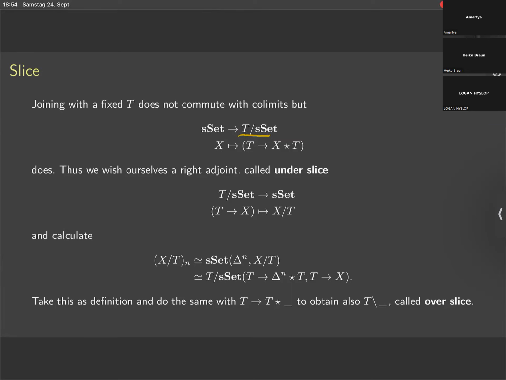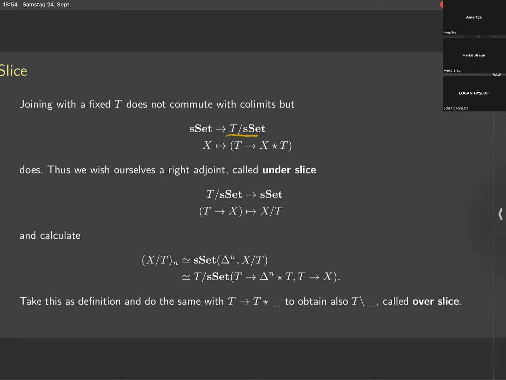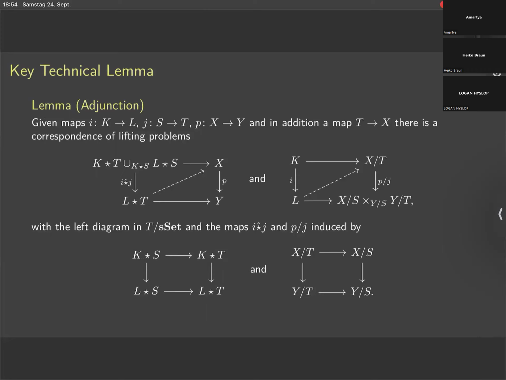Okay, now we have adjoints to the stuff, and from now we want to understand how the join and the slice work together with the very famous, always used lemma in homotopy theory, which is this here. So our key technical lemma, which we will use, is this adjunction.